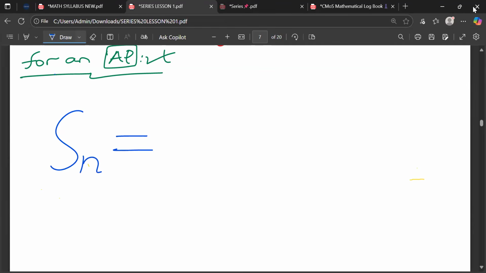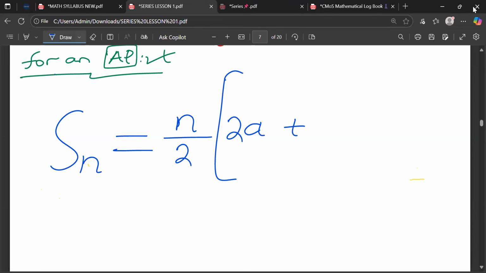The formula is, you write n over 2, then you use these square brackets. Then you come and write 2a plus, here you write (n minus 1)d.